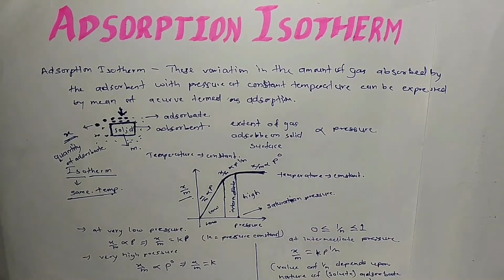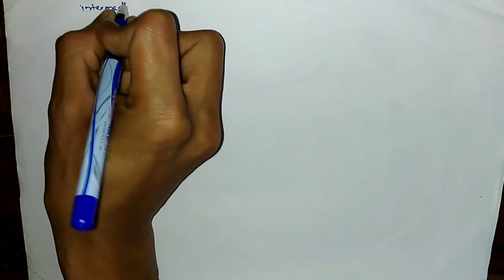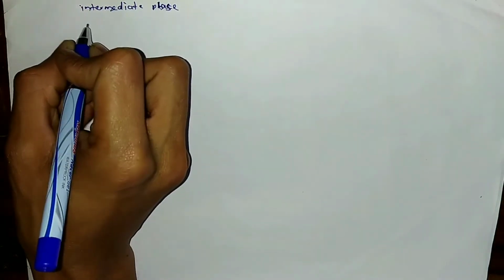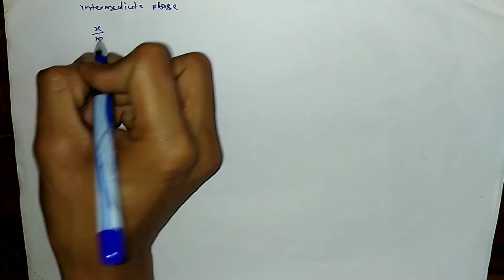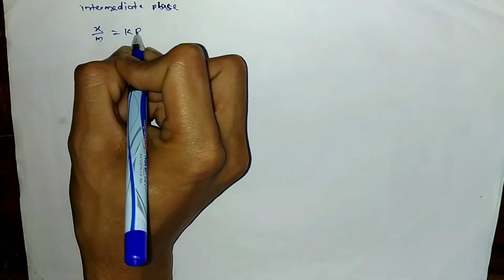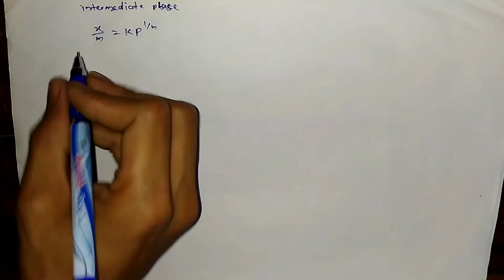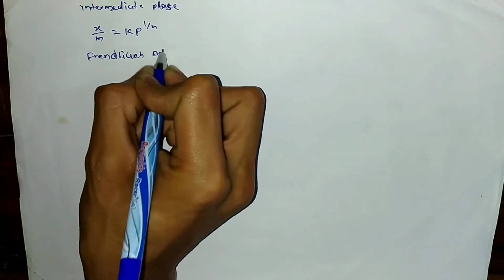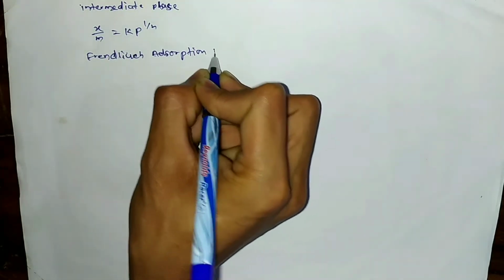So for the intermediate phase we got the equation x by m is equal to k p raised to power 1 by n. This is Freundlich adsorption isotherm.